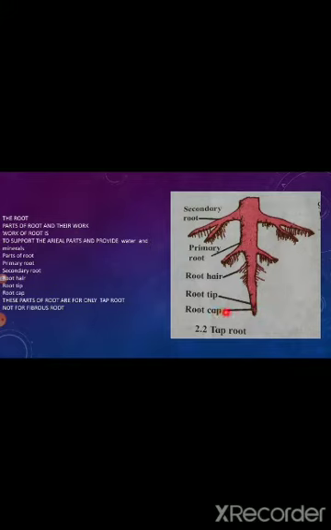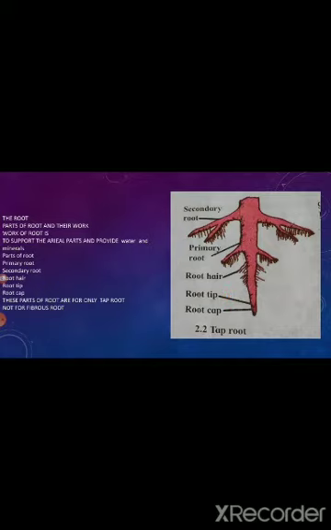Do you know, friends, why this root cap protects root tip? Because this root tip goes deep in the soil. So to protect root tip from injuries, root cap helps. These parts are only for taproot, not for fibrous roots.